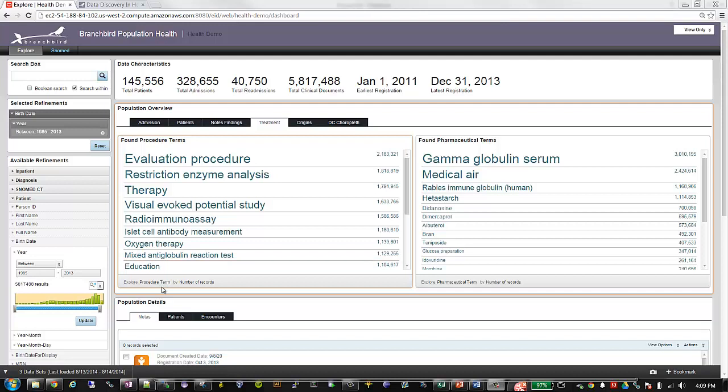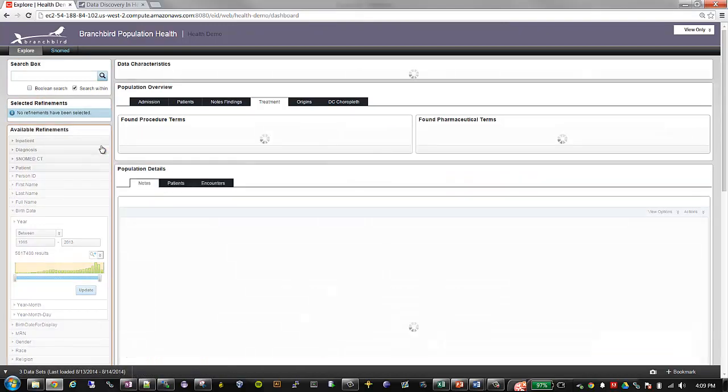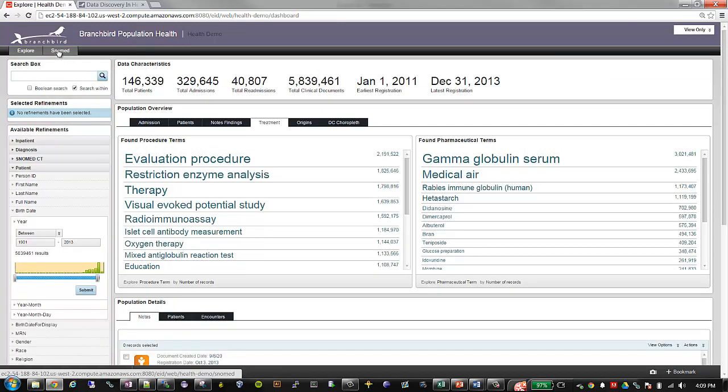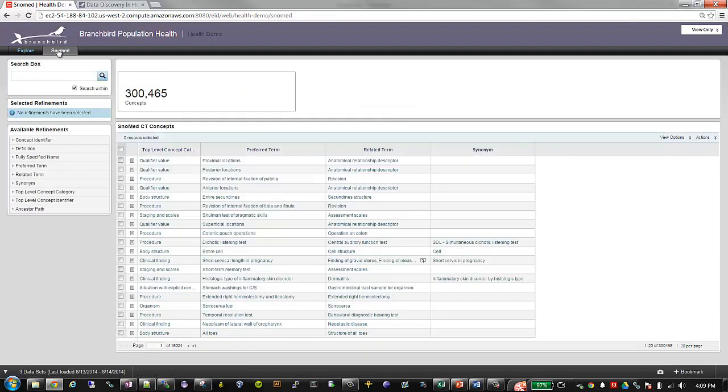So at BranchBird, you can see we've actually taken the use of the SNOMED CT ontology a step further. And for those of you with a keen eye, you might have noticed there's actually a second page of the application dedicated to those concepts. And I want to quickly illustrate what we've done with this second page and why it's important as another avenue of exploration in the solution.